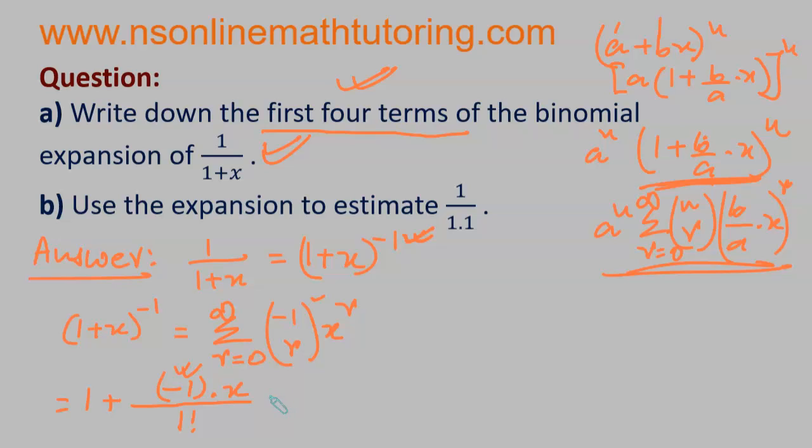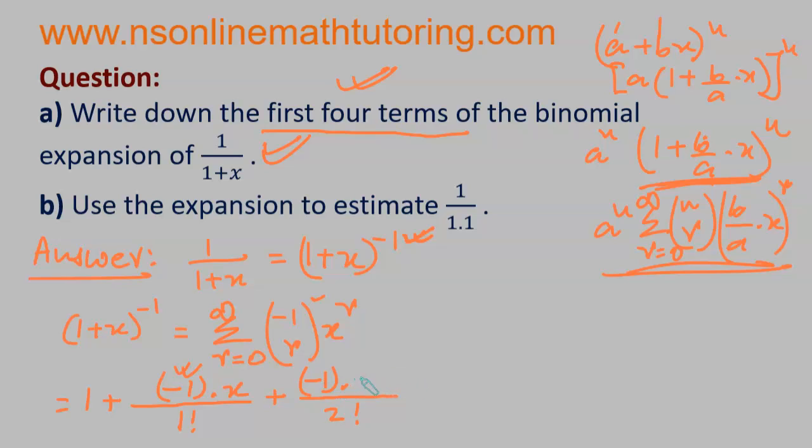The third term, plus, this time r value is equal to 2. So it is 2 factorial in the denominator. It starts with n, which is -1, and since r is equal to 2, there will be 2 factors in the numerator, and the factors will go on decreasing in steps of 1.